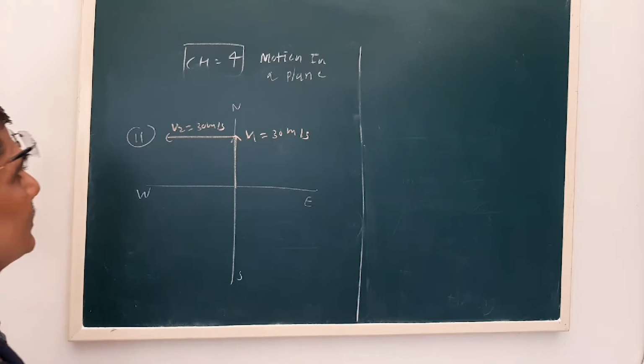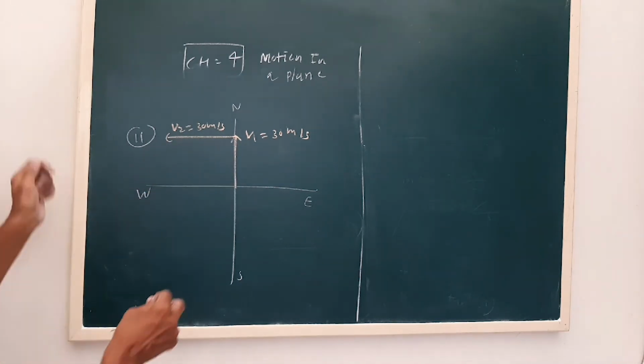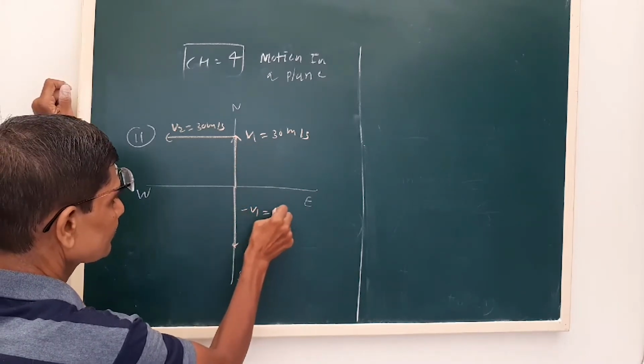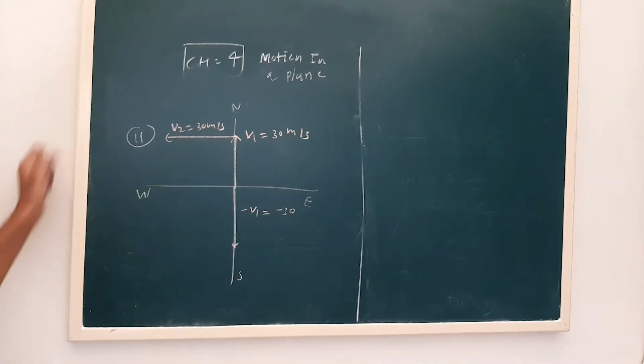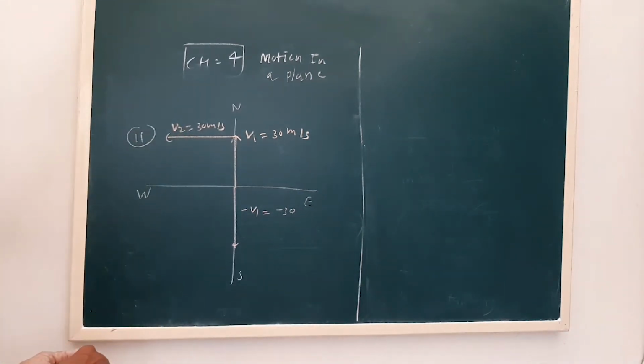As I told, change in velocity will be v2 minus v1. For that we have to take v2, and the opposite of v1, minus v1.